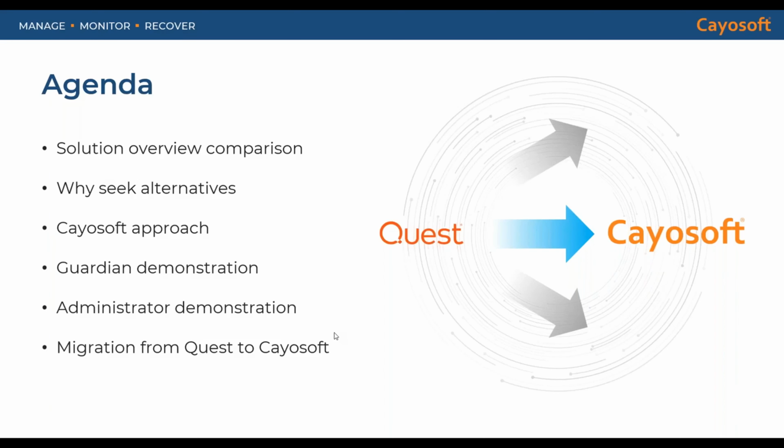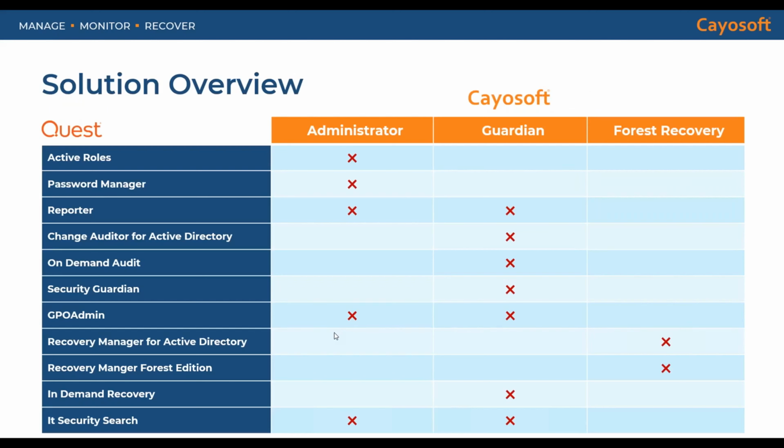So let's get started. Without further ado, here are the Quest products that Cayosoft replaces and how we can replace them. Cayosoft's platform is actually much more integrated compared to our Quest portfolio. Cayosoft essentially has two products, Cayosoft Administrator and Cayosoft Guardian.